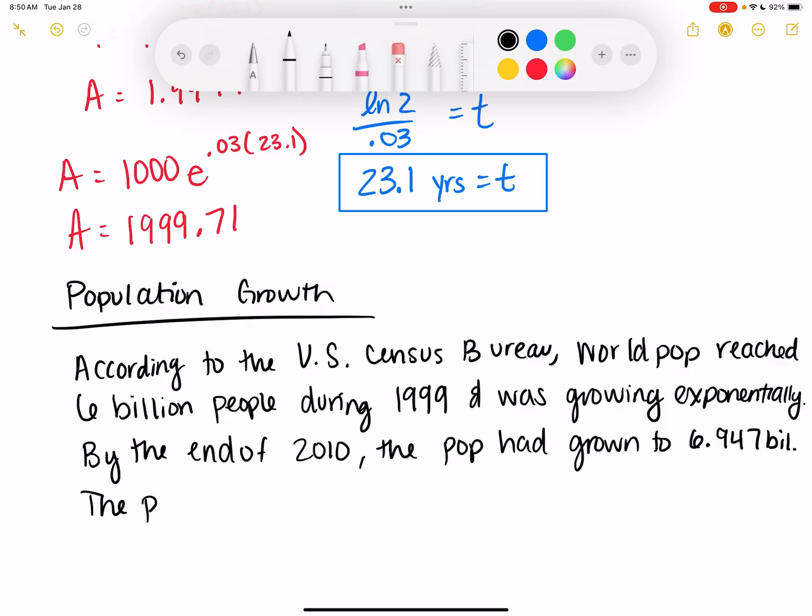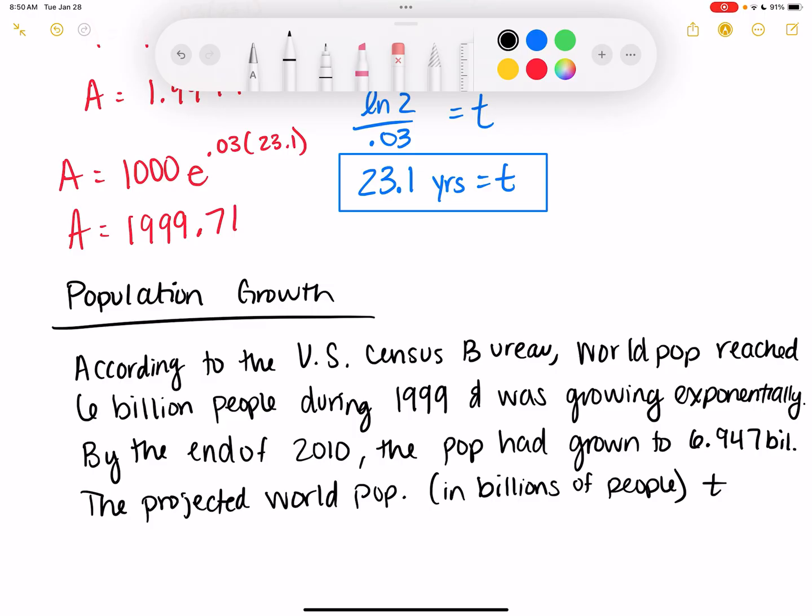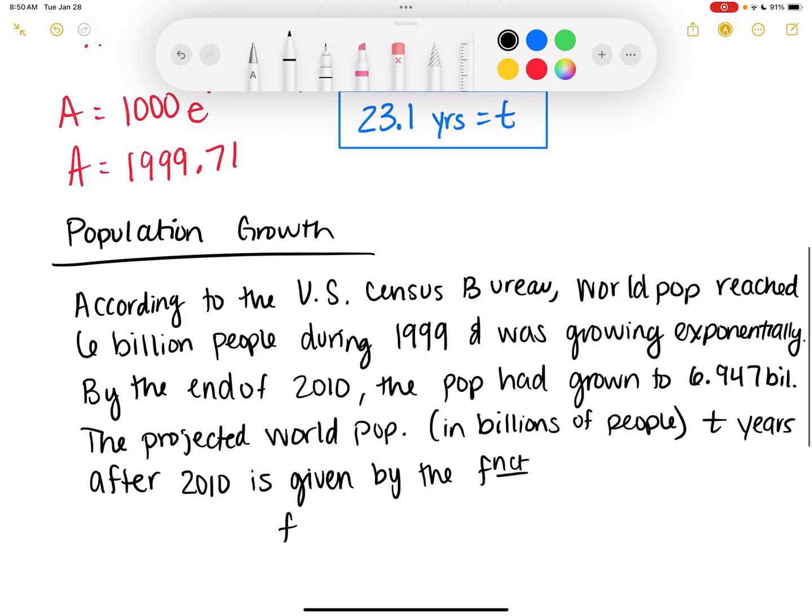The projected world population in billions of people T years after 2010 is given by the function f of t equals 6.947 e raised to the 0.00745 t.